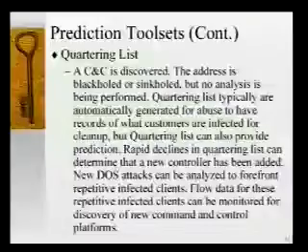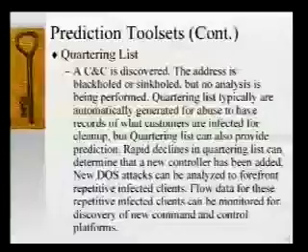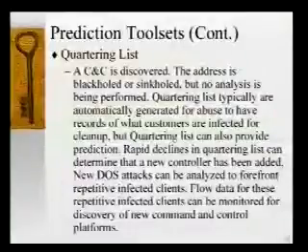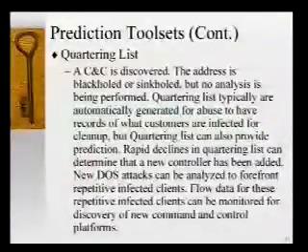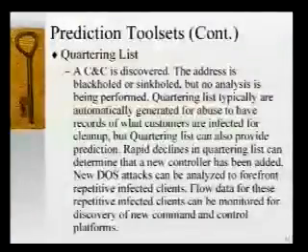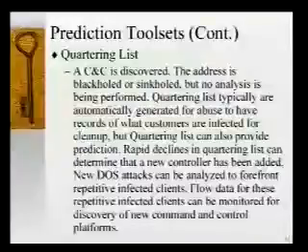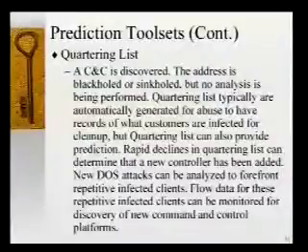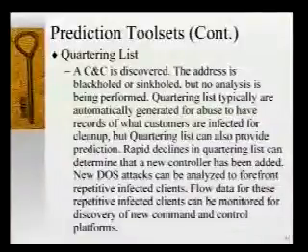Quarantine list. Like I mentioned, if we do discover a CNC, we essentially replicate it and we black hole it or sinkhole it. The quarantine lists are typically automatically generated to our abuse records for what customers are infected for cleanup. But the quarantine list can also provide something of a predictive nature. If you have a CNC captured, generally you'll have a pretty shallow curve of when these bots start dropping off.